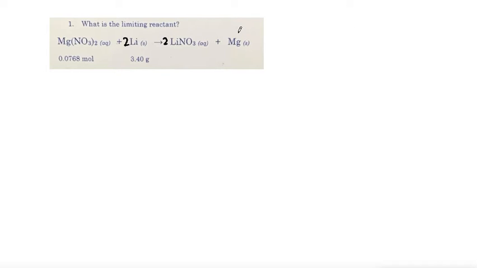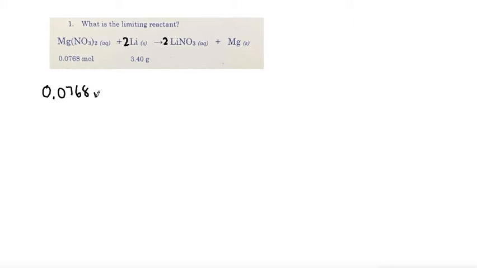So we could pick either one of our products to convert to. I'll choose to convert to the magnesium just to pick one, and also because it would have an easier molar mass to find.